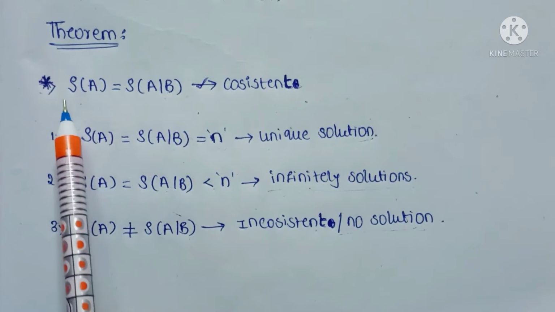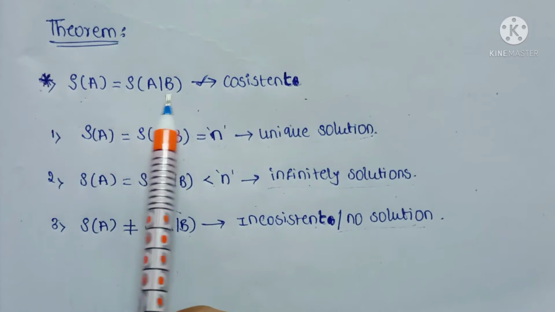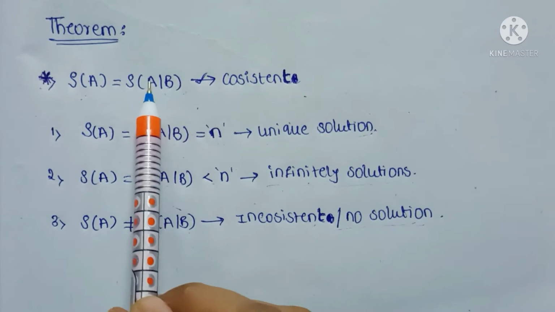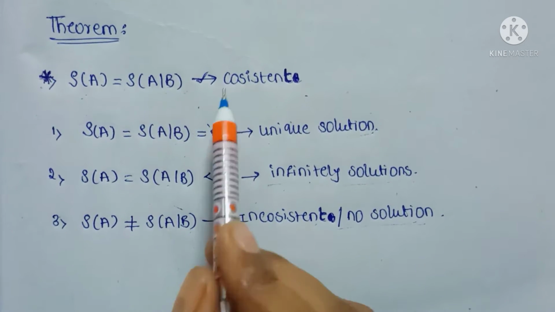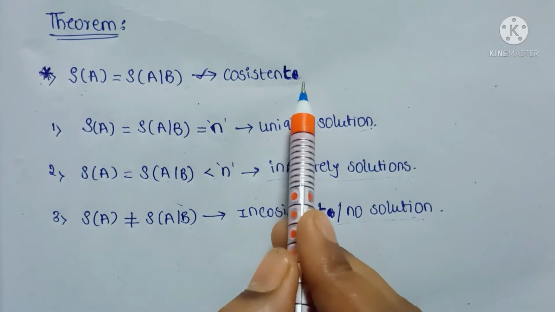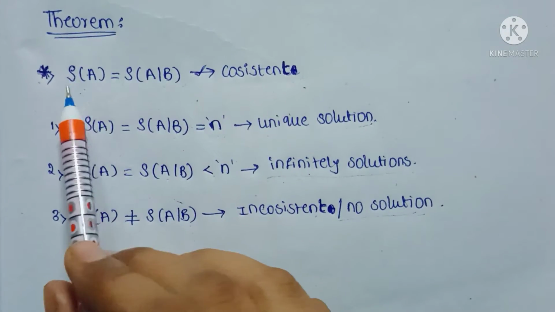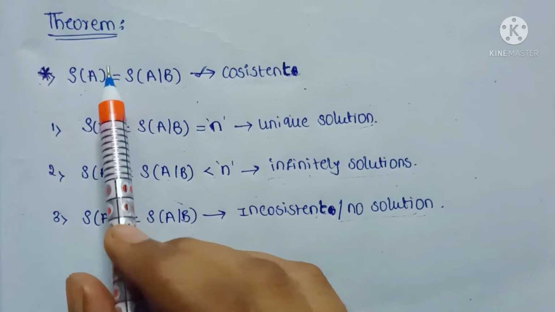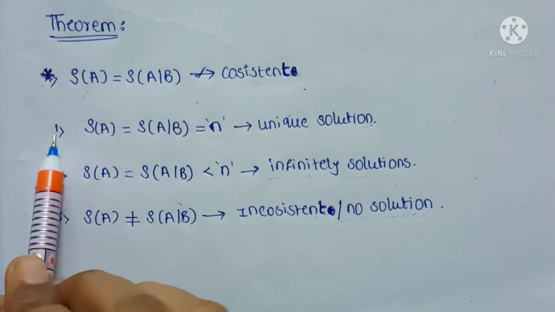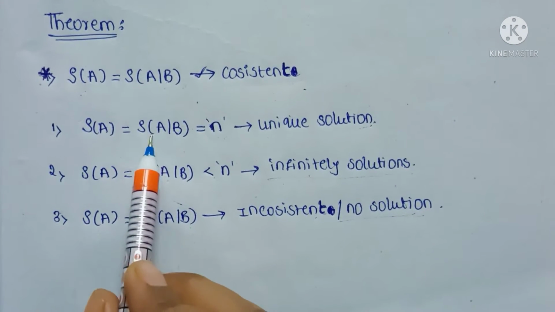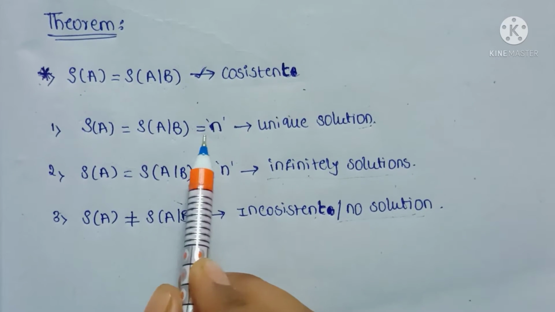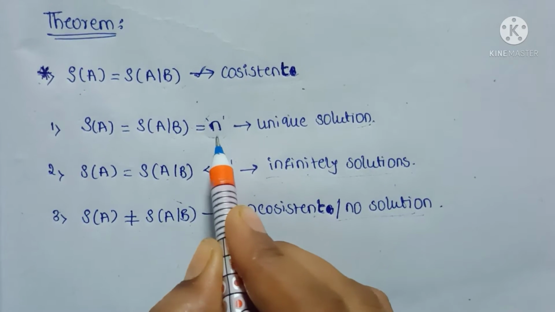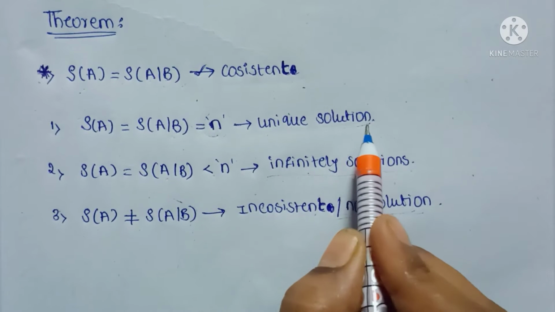If rank of A equal to rank of AB, then it has a solution, which is also called consistent. Now, in the first case, if rank of A equal to rank of AB, which is equal to the number of unknown variables, then it has a unique solution.